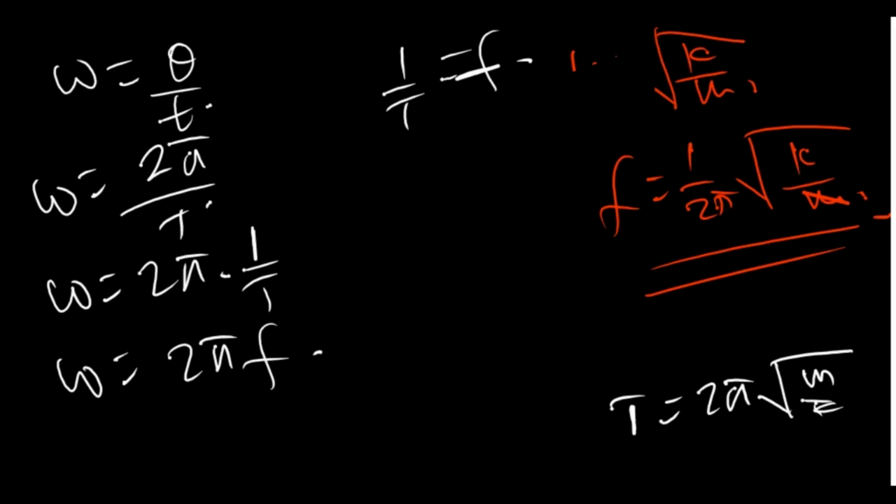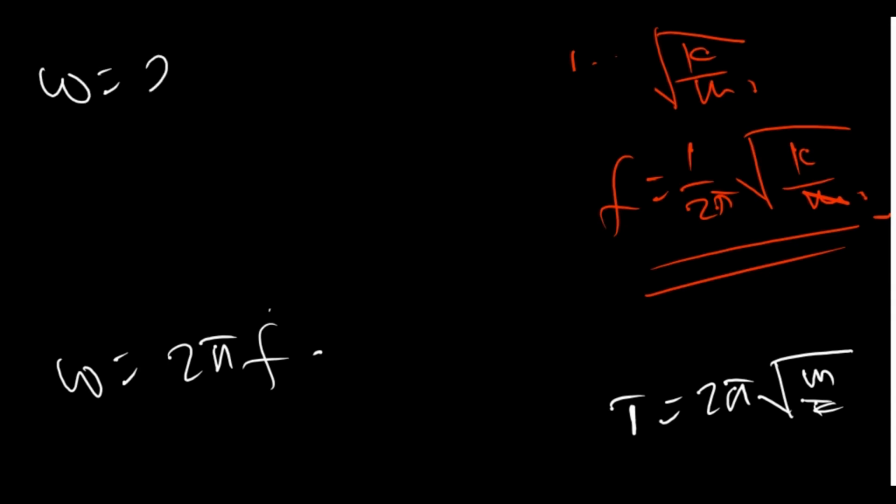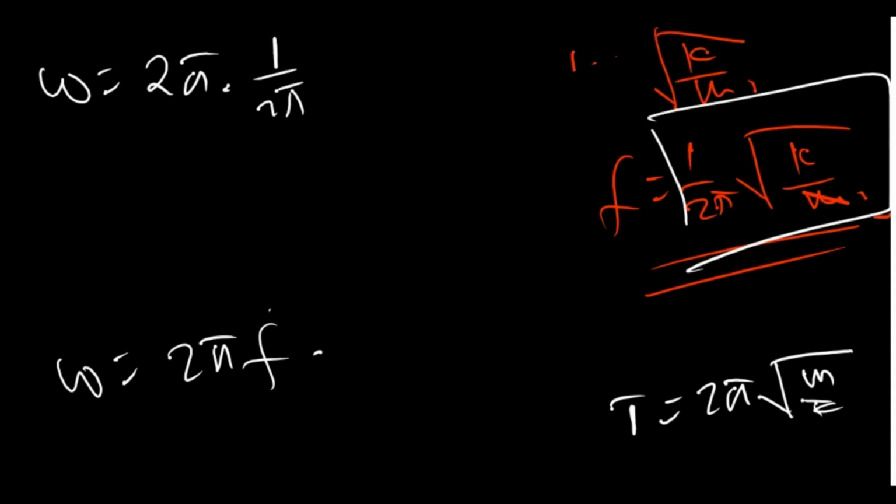But we also know that frequency is given by 1 over 2 pi times the square root of k over m. So I'm going to put that where there is frequency in this formula: 2 pi times 1 over 2 pi times the square root of k over m. We can see that the 2 pi and 2 pi cancel.